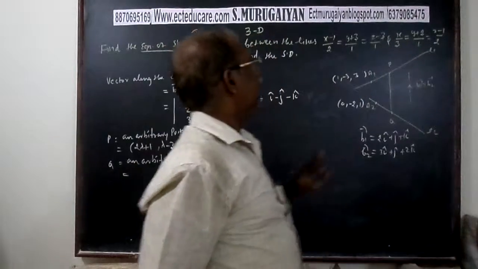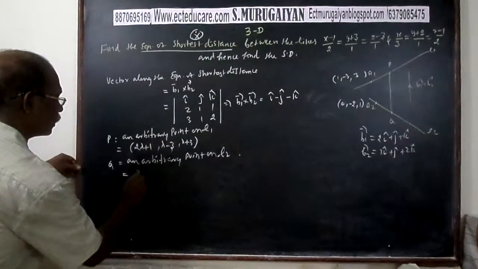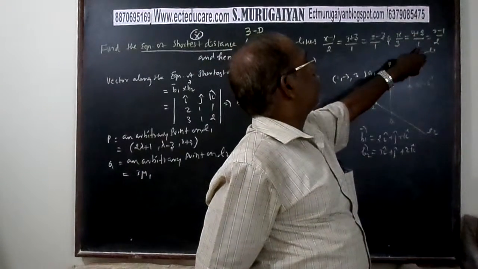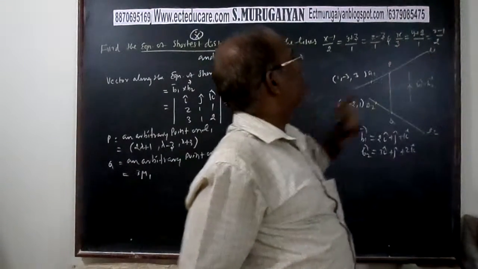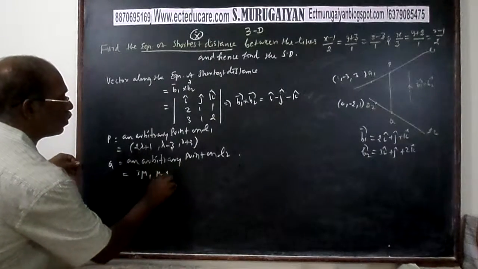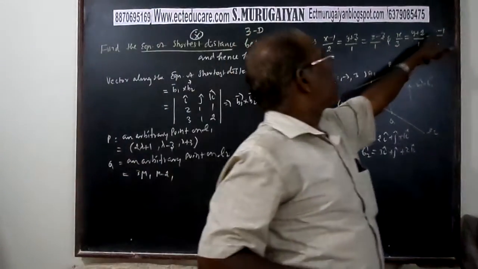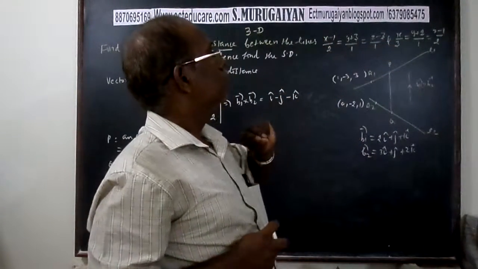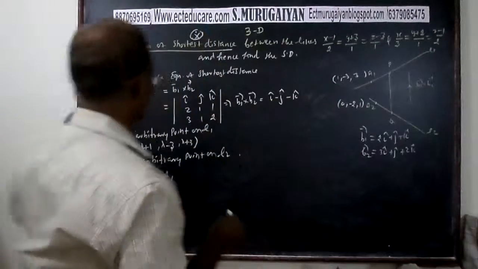So x equals 3 mu. y plus 2 is proportional to 1, so y plus 2 equals mu, then y equals mu minus 2. z minus 1 is proportional to 2, then z minus 1 equals 2 mu, then z equals 2 mu plus 1.